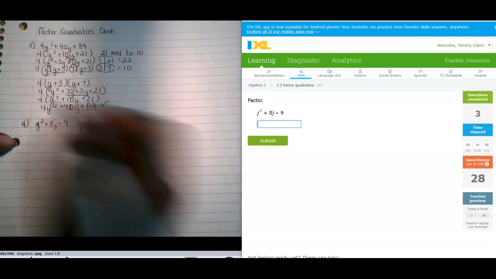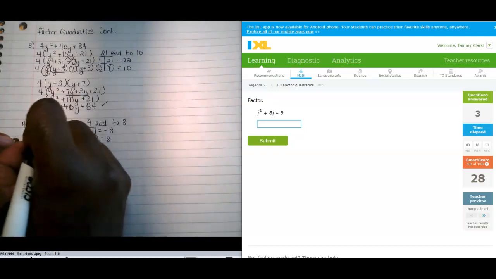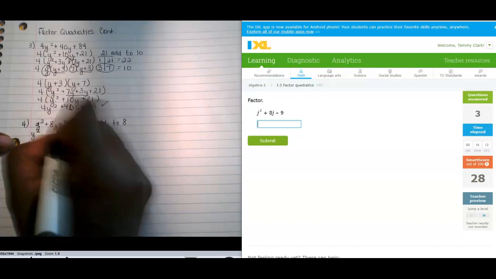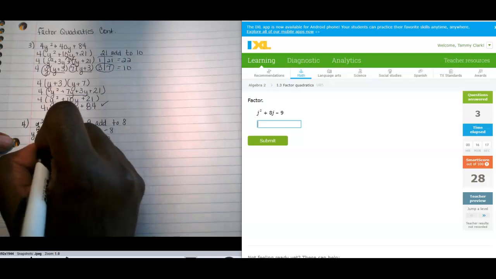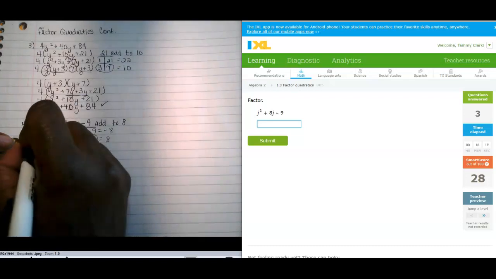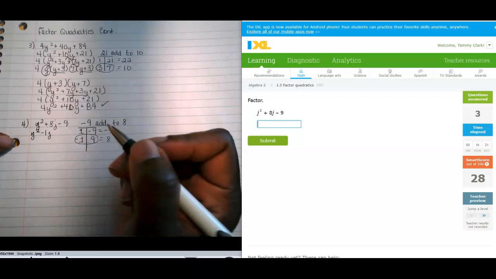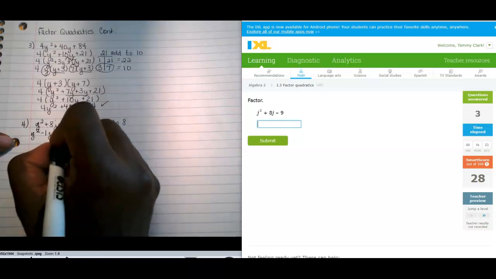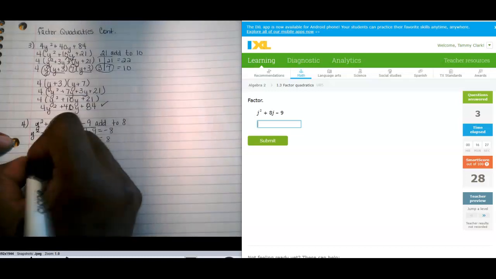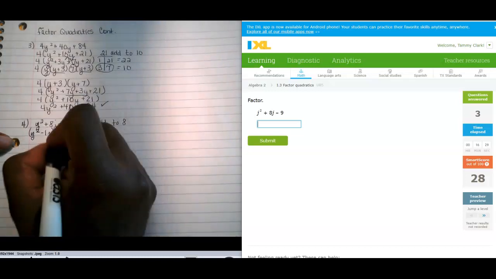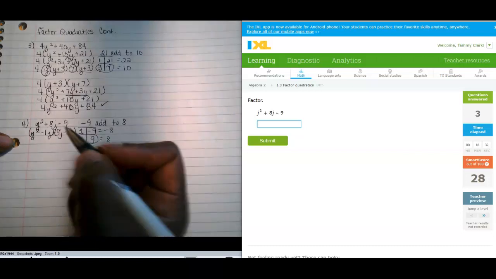So we've got j squared, split this term to -1j plus 9j minus 9. Oh, I'm saying y, it's j. Can't even read my own writing. Group your first set of terms, group your second set of terms.